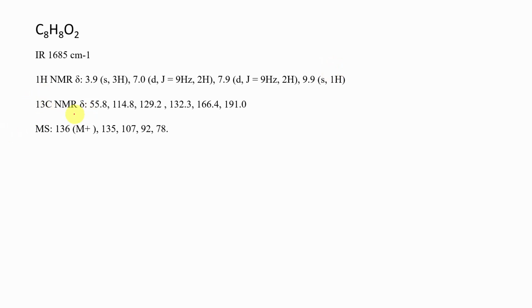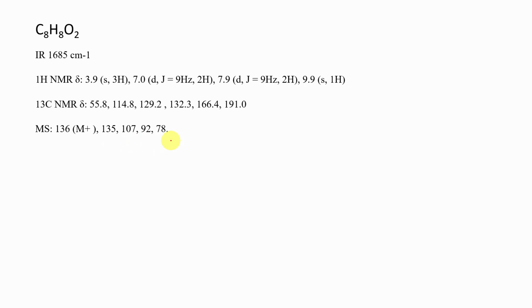Carbon 13 values: delta 55.8, 114.8, 129.8, 132.9, 166.4, and 191.0. The mass fragments are 136, the molecular ion peak, then 135, 107, 92, and 78. These are the mass spectral m/e values. The fragments with these m/e values will be produced from this structure.